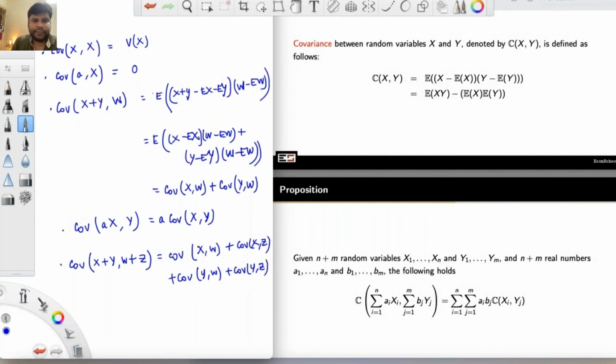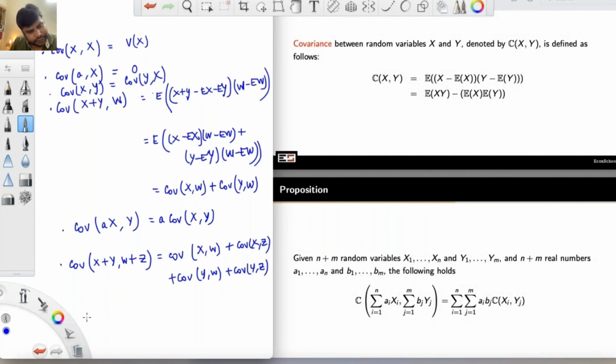By the way, another thing is that the covariance of XY is equal to the covariance of YX, so it doesn't matter in which order you write them. Now if you apply all these, you'll get this formula.